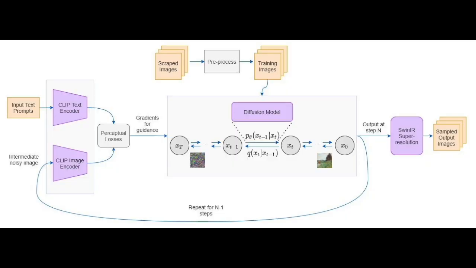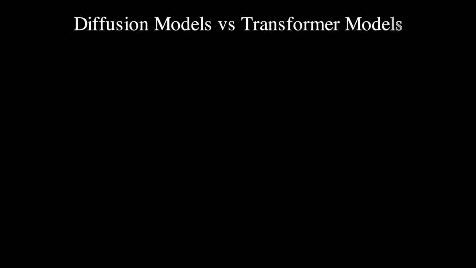But why is CLIP so important for Stable Diffusion, you might ask? Well, it acts as a bridge. Basically, you type in, for example, a cat riding a skateboard, and CLIP helps the model understand what that means, so it can generate an image that matches your description. It's pretty cool, honestly. But why diffusion over autoregressive models, you may ask?